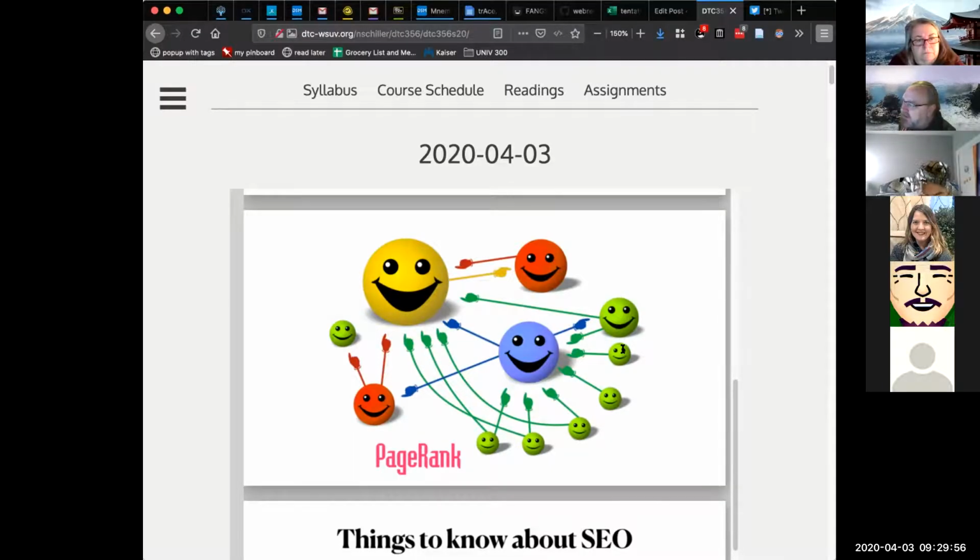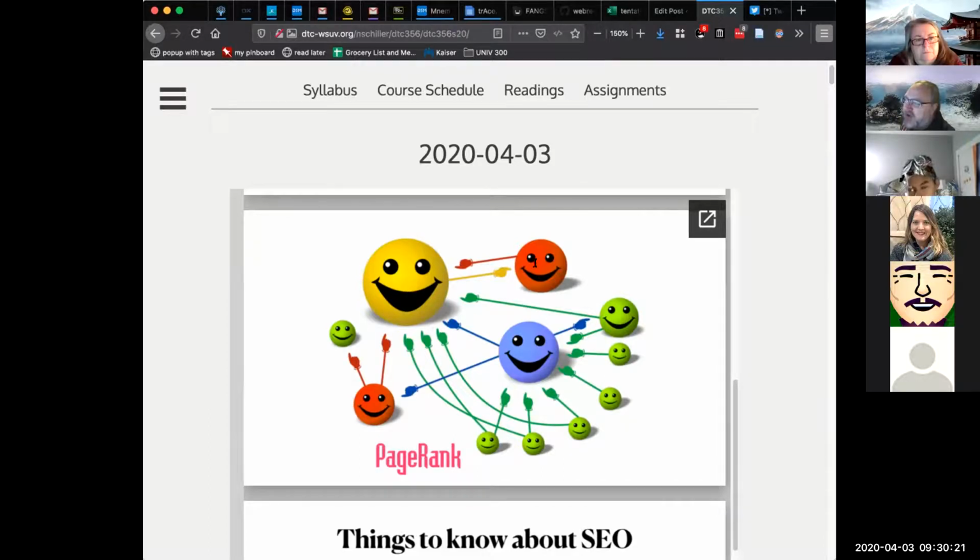So if we look at this, even though we have 5 or 6 pages that are linking to this blue circle, the blue circle, relatively speaking, isn't very big. The yellow circle has the most links coming into it, and so it's bigger than the rest.